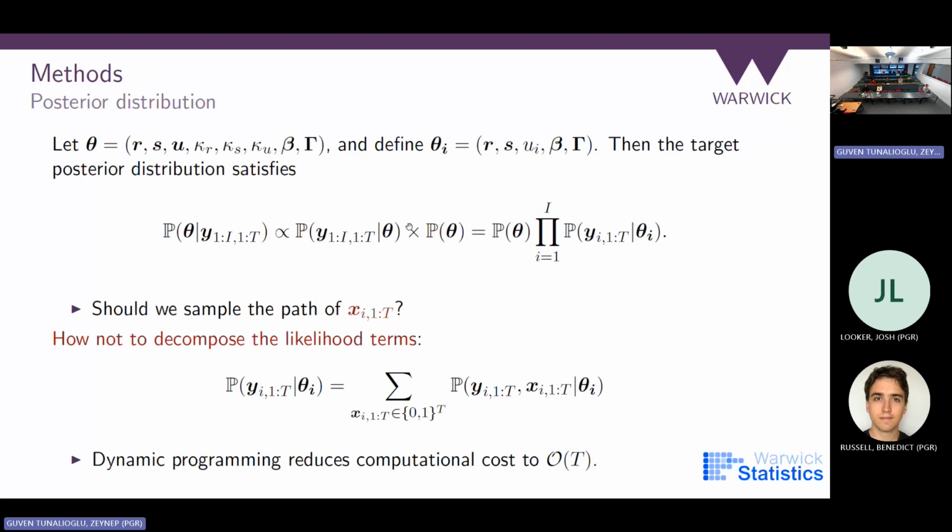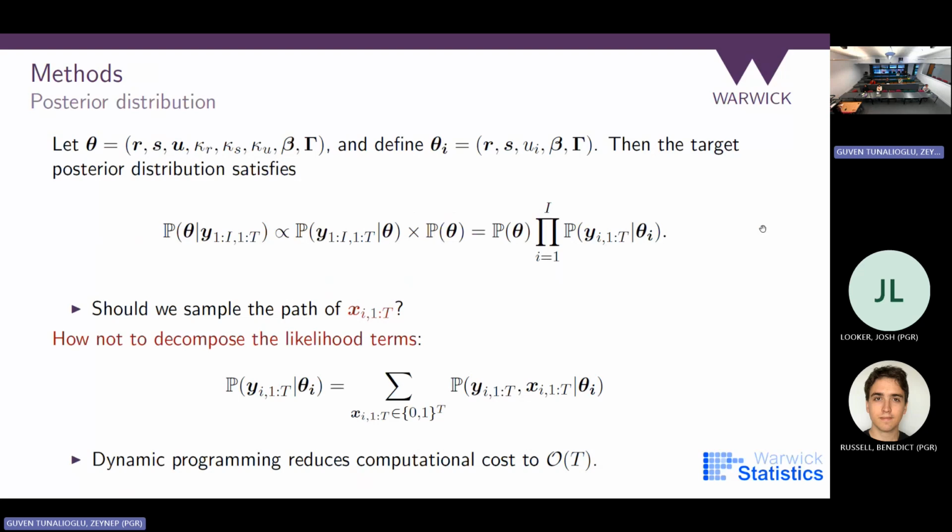But something is missing. XIT should be in here if we are doing data augmentation, because that's not observed in real life, and we can't do inference without knowing what that is. So one of the first things we would want to do as statisticians is to sample the path of that, because it's literally a Markov chain.